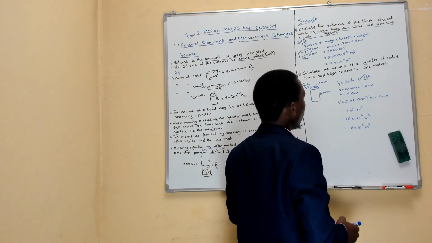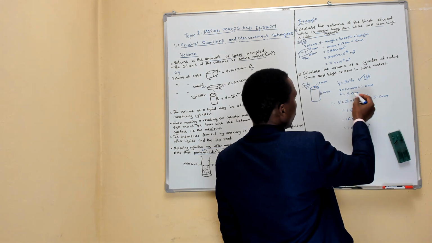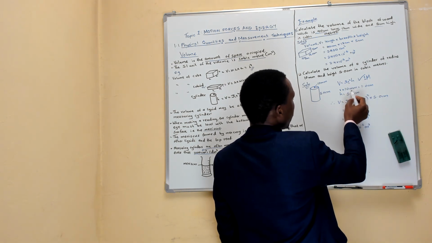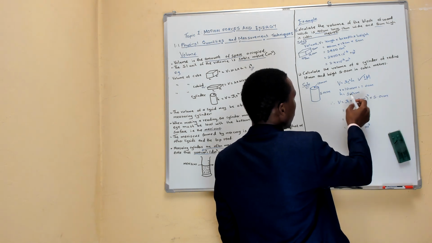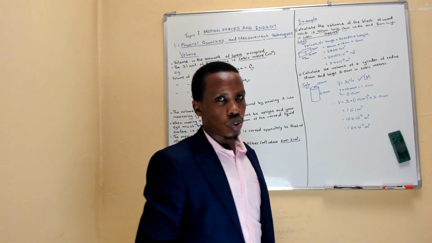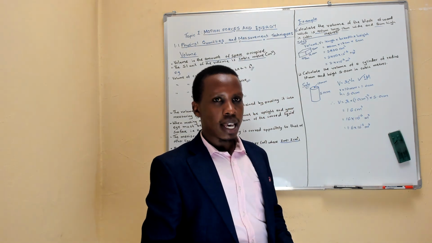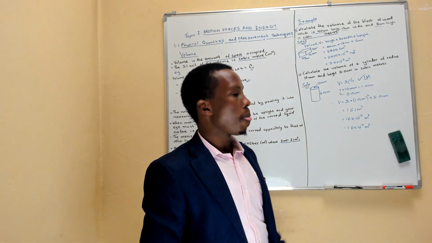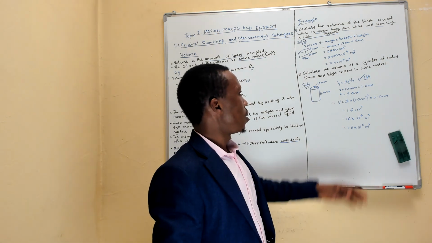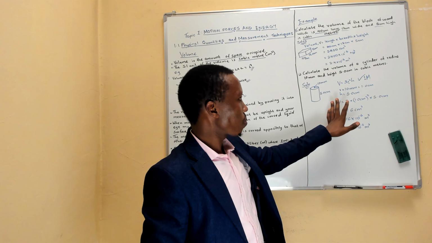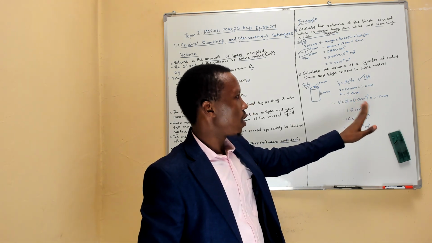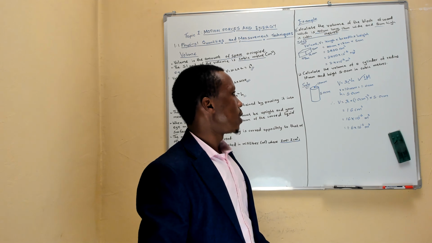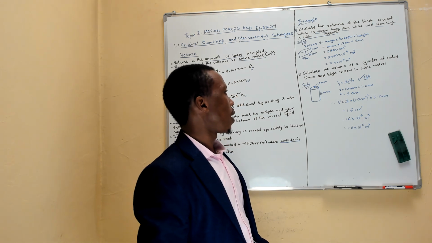Then you convert the radius, which is given in millimeters, into centimeters, and you need to know the relationships between these lengths and even the capacities. The relationship between millimeters and centimeters is that 10 millimeters is equivalent to 1 centimeter.